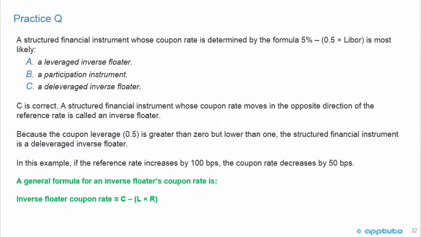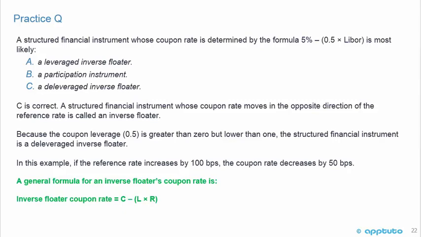Okay, I think this is a really excellent question to end on because it's a little bit harder, but not impossible. And it's one of these things that you just got to know, okay? So the correct answer is C, a deleveraged inverse floater.